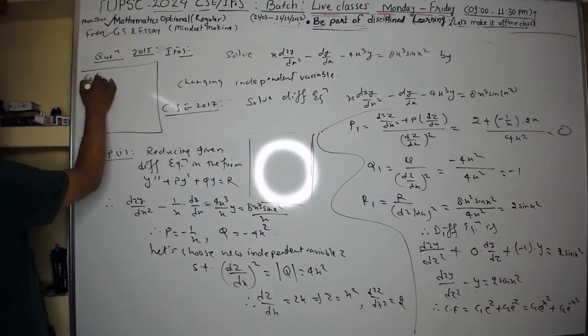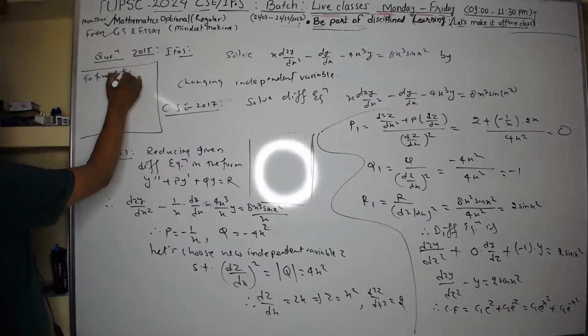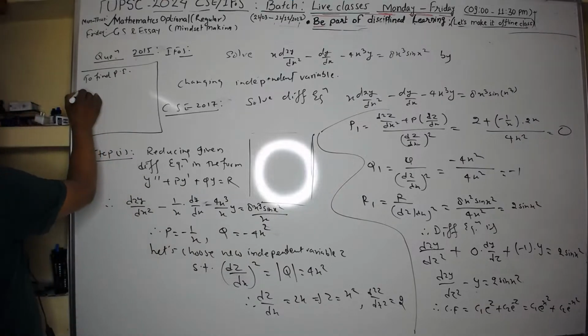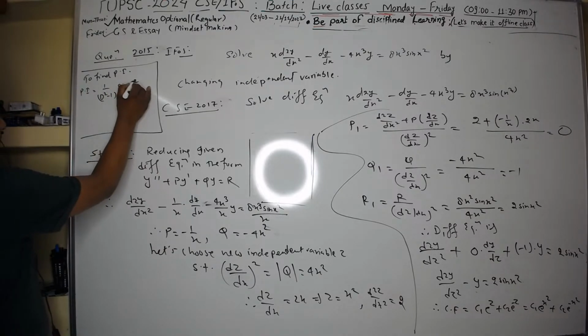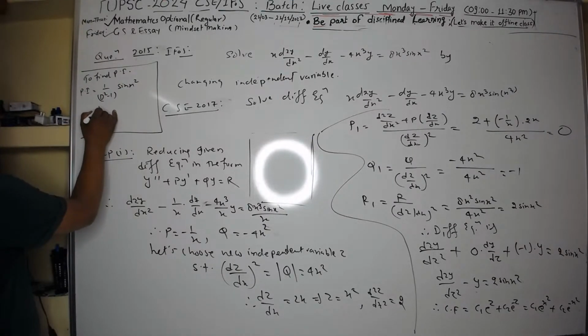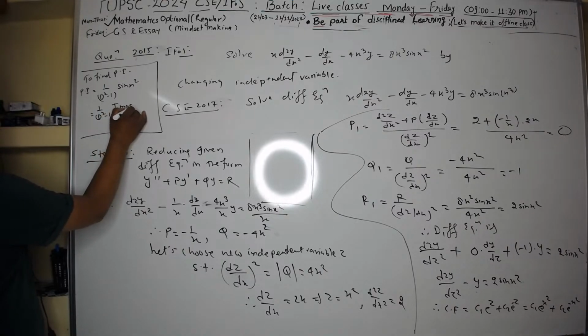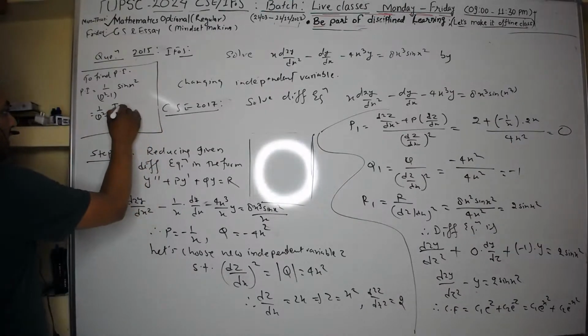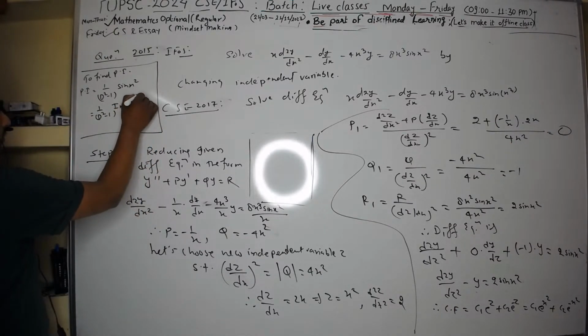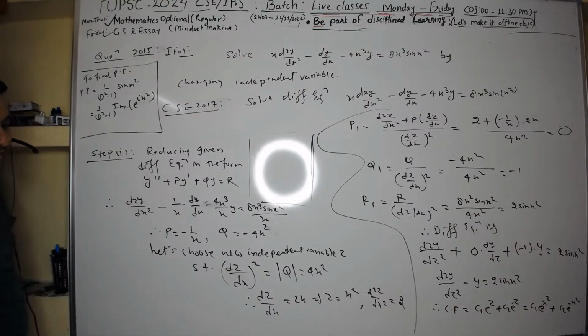To find pi, so pi will be 1 upon d square minus 1 of sin x square, that you can write imaginary part of, okay? You can write imaginary part of e raised to the power iota x square.